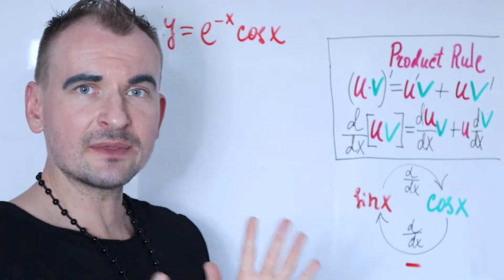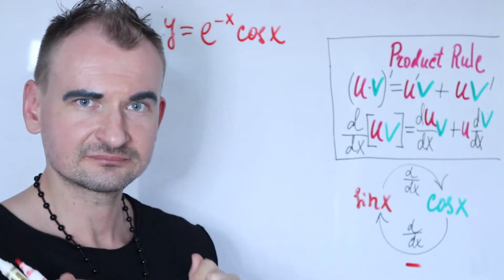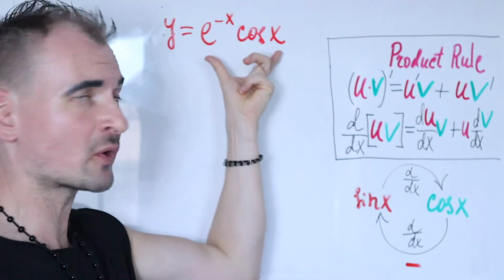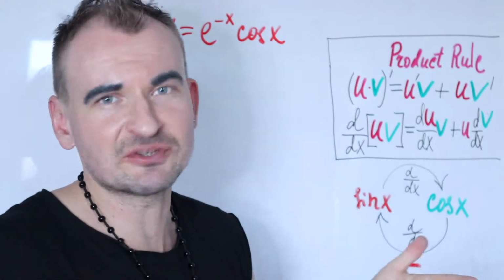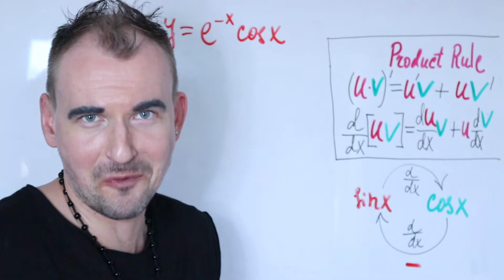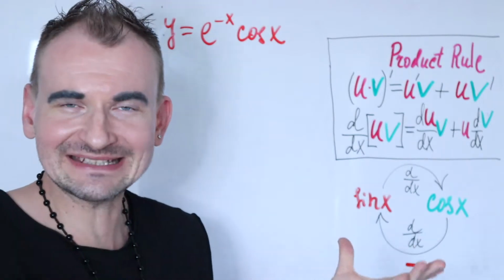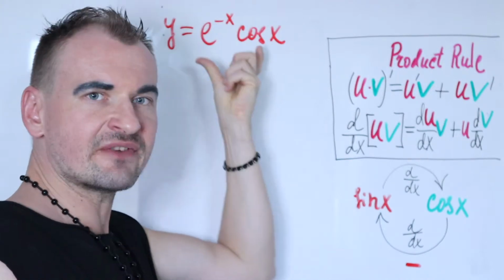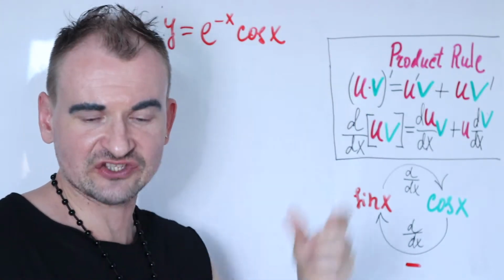There is only one way, to be perfectly frank with you, of taking the derivative of this product. You cannot use algebra first. You cannot open. There is nothing to be opened. There are no parentheses. There are no brackets. There is e to the minus x, and there is cosine x.